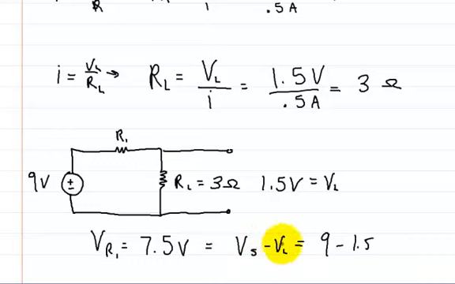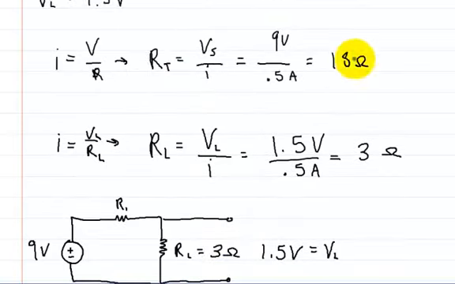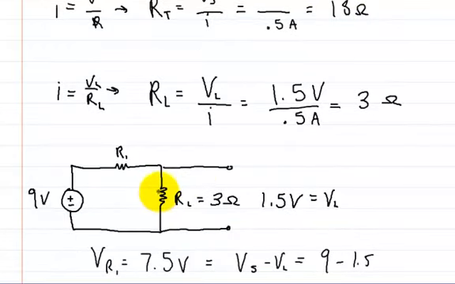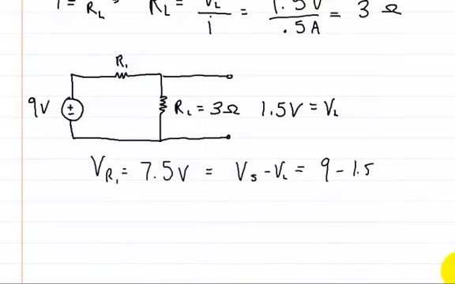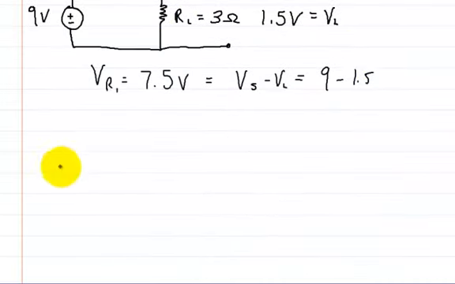But so now we know what the resistance is here. And earlier we solved for the total resistance. So it's 18 ohms as a total resistance. And since we know that this is 3 ohms, well then this R1 has to be 15 ohms. So the completed circuit is going to look like this. You're going to have R1, which is equal to 15 ohms.